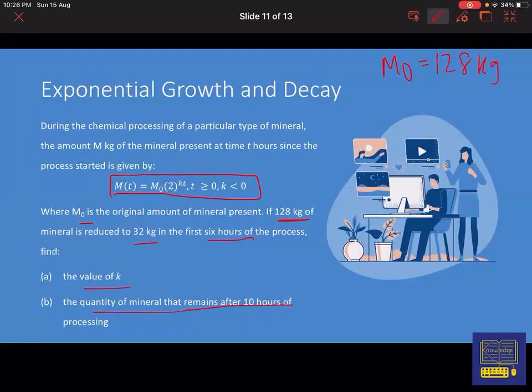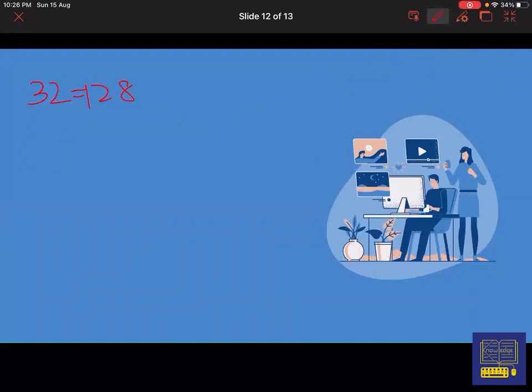So when t is equal to 6, m is equal to 32. So our equation is going to be, I'm just going to do it on the next page, 32 equals 128 into 2 to the power of 6k, right?